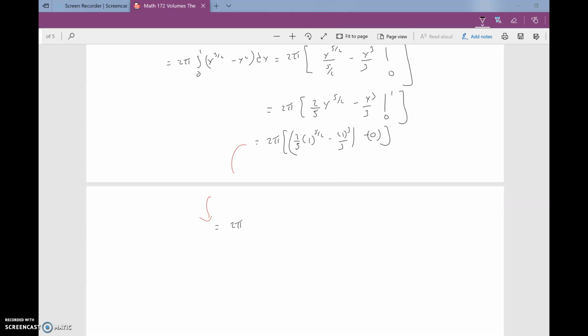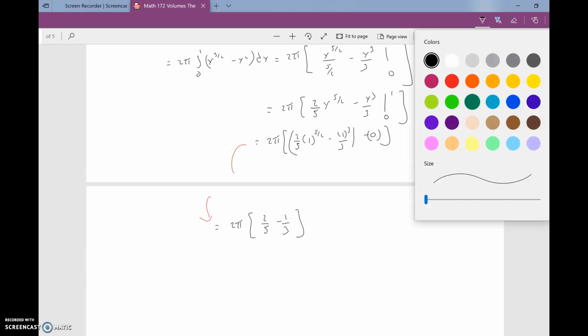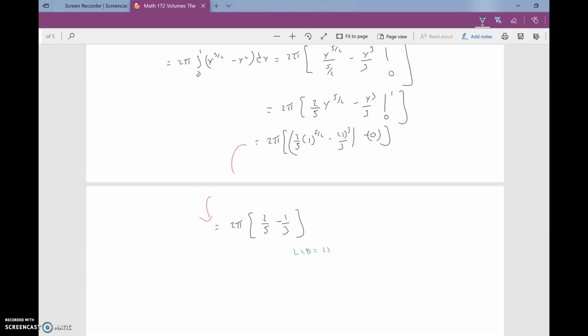So we're looking at 2 pi times 2/5 minus a third, and then we simply just need to get an LCD. This will be 15, so 2 pi times 6 minus 5 over 15. So this will be 2 pi times 1/15. I'm getting 2 pi over 15.